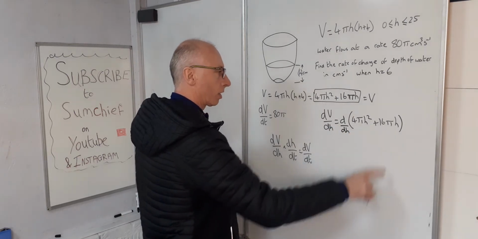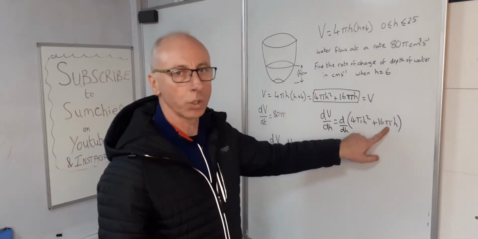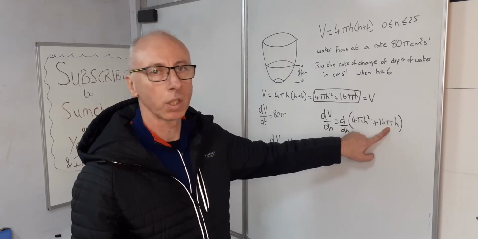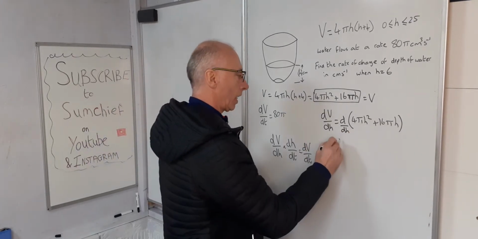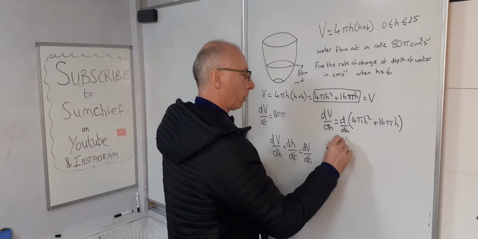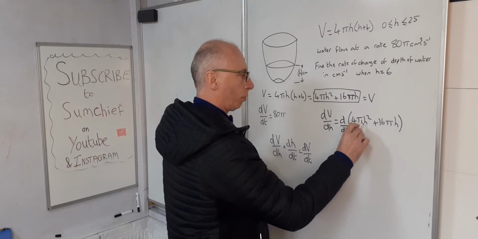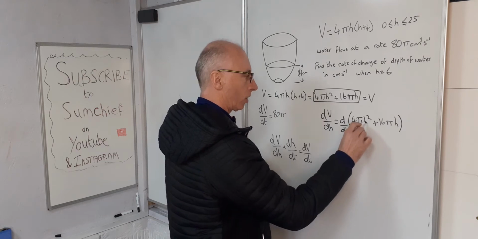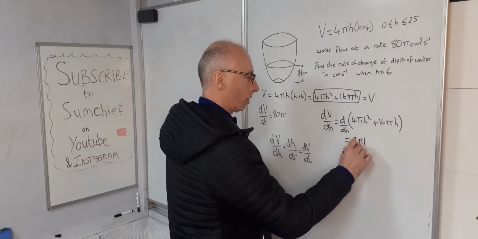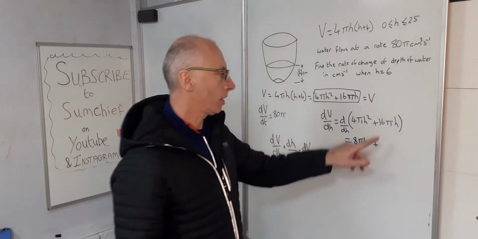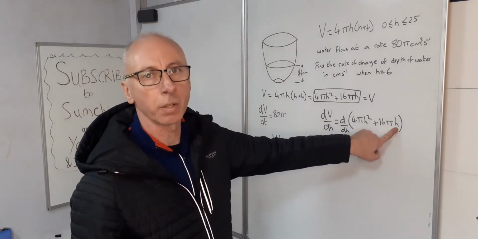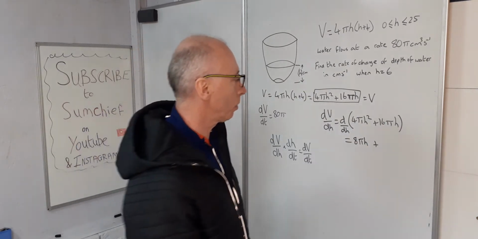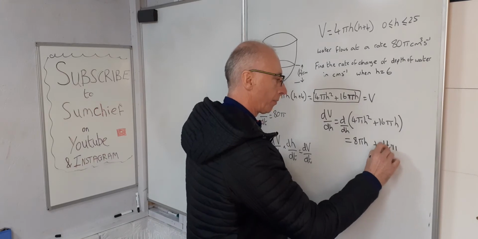So these 4π's are all just constant multiples, so we'll treat them accordingly. So dV/dh is now equal to 4πh², so 2 times 4 is 8, then the h comes down to 1, so it's just 8πh. Then 16π is a constant multiple, the h is to the power of 1, so that disappears, it just becomes 16π.